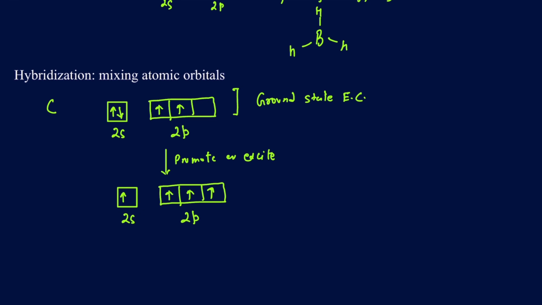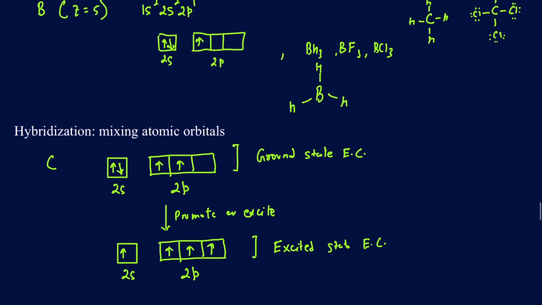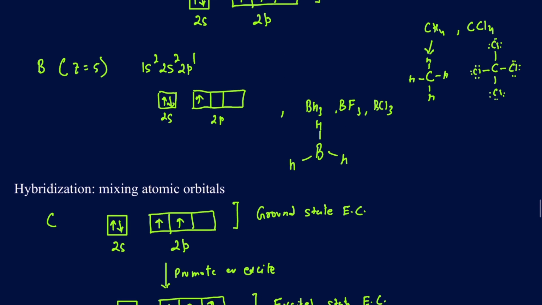Based on this excited state electronic configuration after promoting the electron, you can say that this carbon is going to be able to make four bonds, and that's exactly what happens. And you can use the same analogy to explain the formation of three bonds in case of boron, where one of the electrons from the 2s is going to get promoted onto the 2p, and as a result, you would have three half-filled atomic orbitals, and that's how boron makes three bonds.